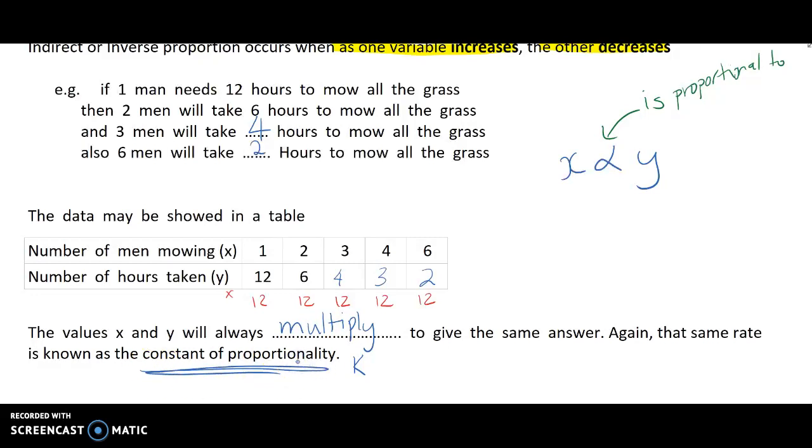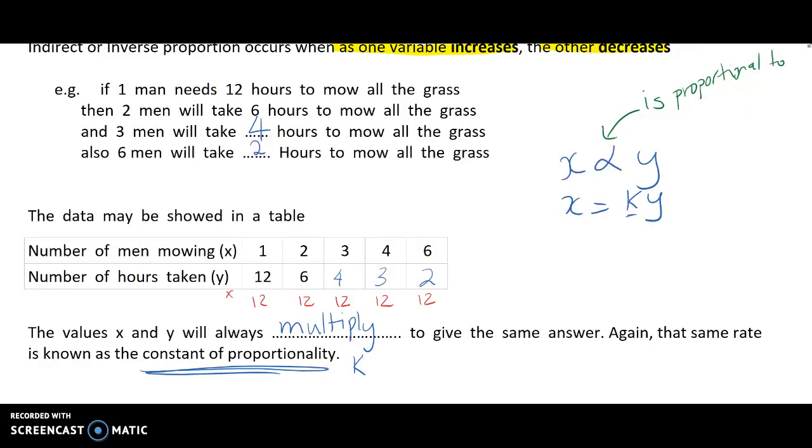So the constant of proportionality gives us the gradient of the graph. So direct proportion has to do with linear functions. And therefore, if we want to write that as an equation, then it becomes x equals k times y, because the k over here is the constant of proportionality.